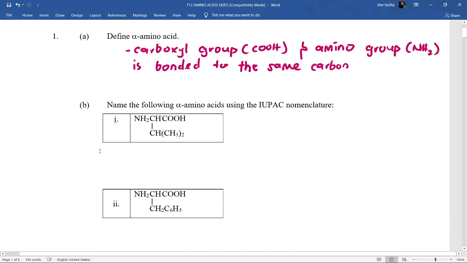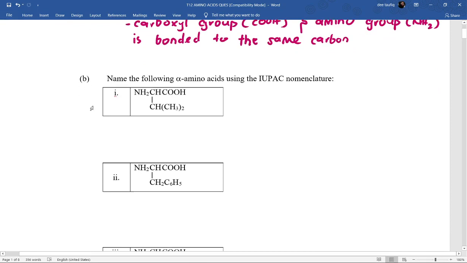Okay, so for example, like in question 1b, you see our COOH and NH2 bonded to this carbon, this CH.